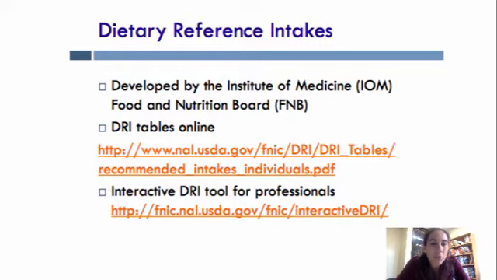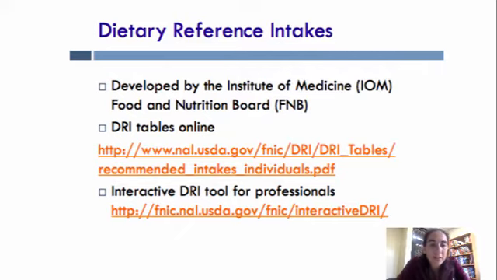The DRI reports are very interesting, and they go over different categories of nutrients, how their intake levels were developed, the justification for the EAR, the RDA, considerations for each nutrient. They're extensive reports, but you can go through each of these if you are curious to learn more.